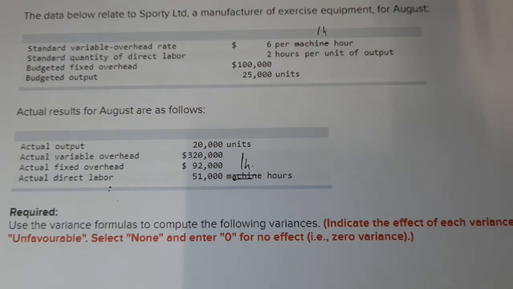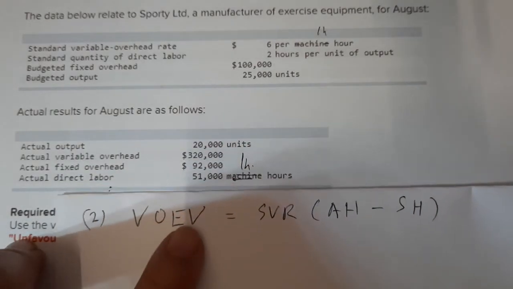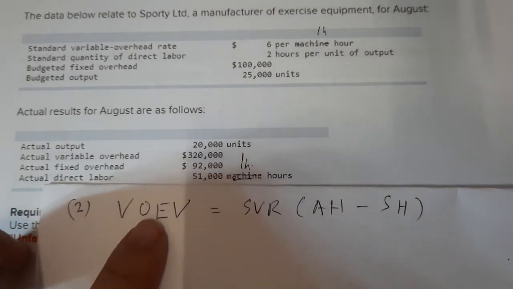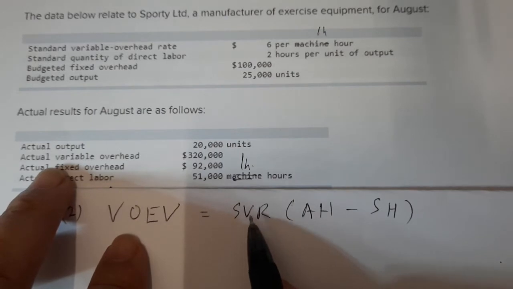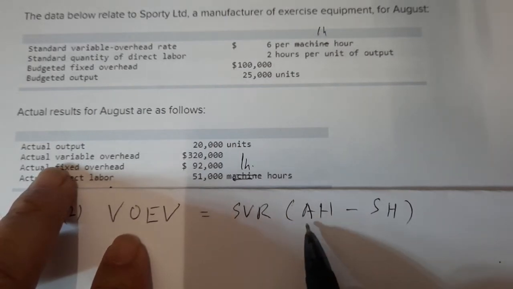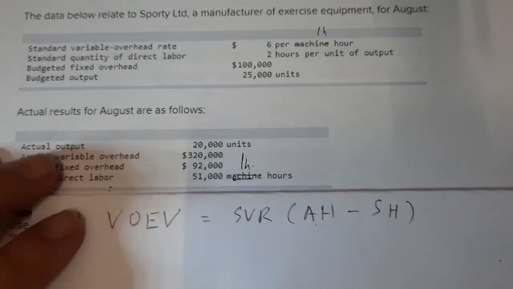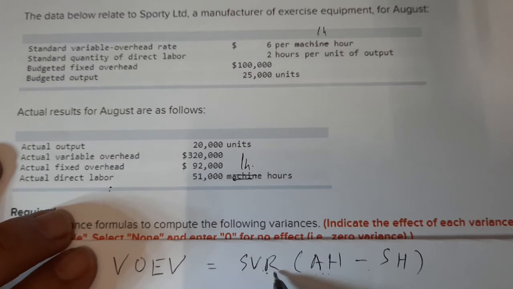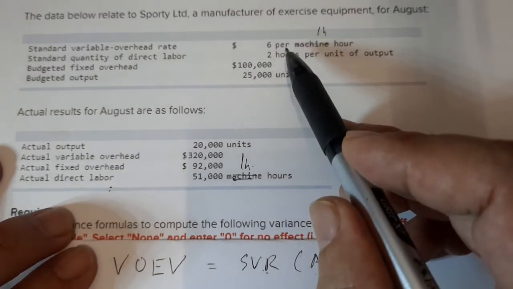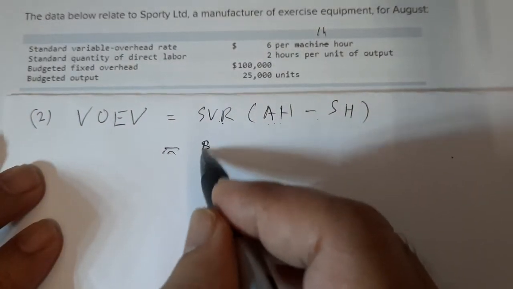Okay, the second question asks you to calculate variable overhead efficiency variance. To calculate this variance, you have to use this formula: standard variable overhead rate times actual labor hours minus standard labor hours. Now, the standard variable overhead rate is this one, $6.